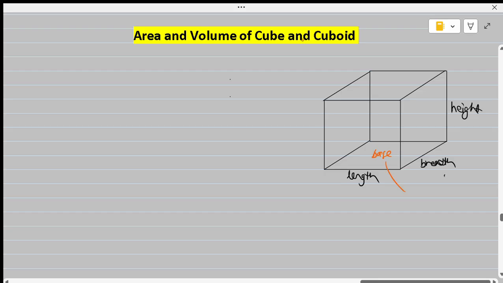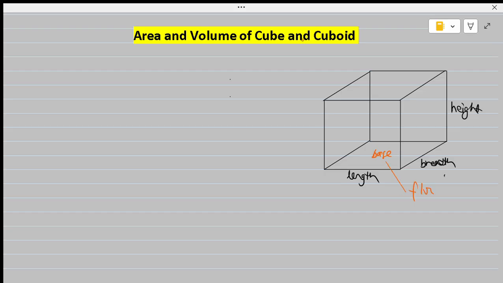And above is another face, which we call the ceiling. Both, ceiling and floor, are rectangular faces. So two faces are these.